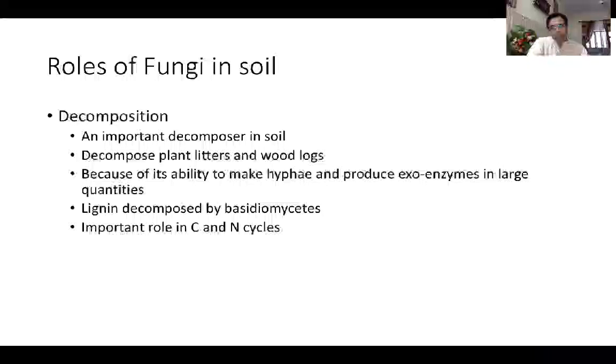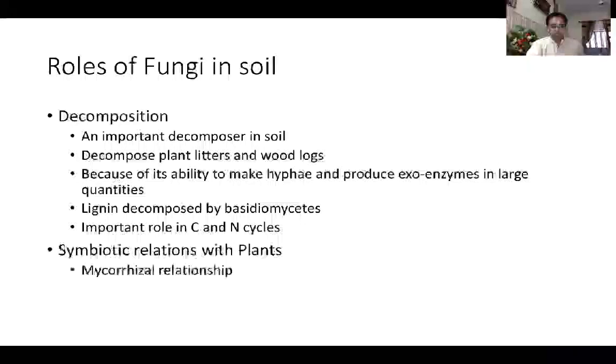Lignin is the cementing material of wood. Mushrooms are Basidiomycetes that are known for lignin degradation. They have an important role in carbon and nitrogen cycles. They are able to produce large amounts of exoenzymes or extracellular enzymes.